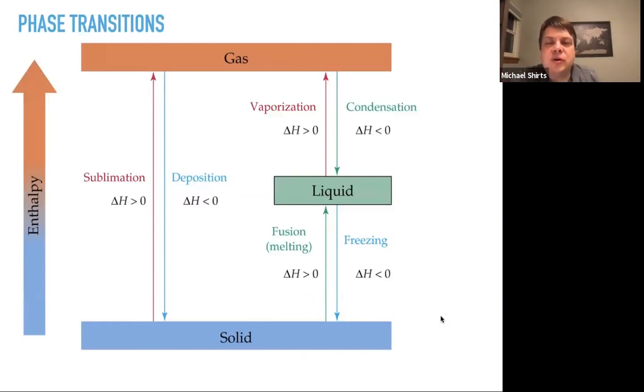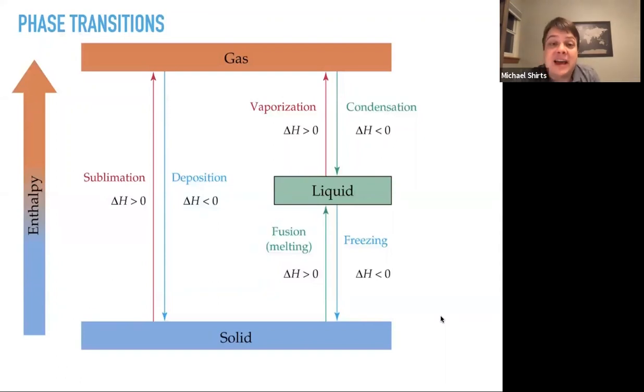And so you need to input a large amount of energy to get those out of their intermolecular interactions and into the gas phase. And so that is an endothermic process. Delta H is greater than 0. Deposition, on the other hand, the gas is up here and jiggling around, not interacting, and it falls down into a state where the molecules have a lot of interaction with each other. So that is an exothermic process.